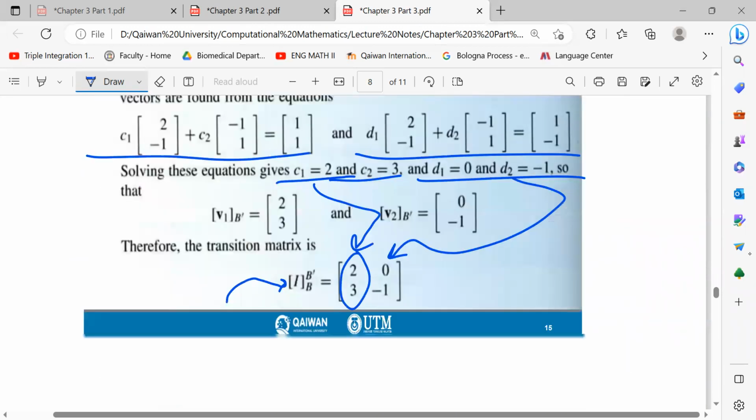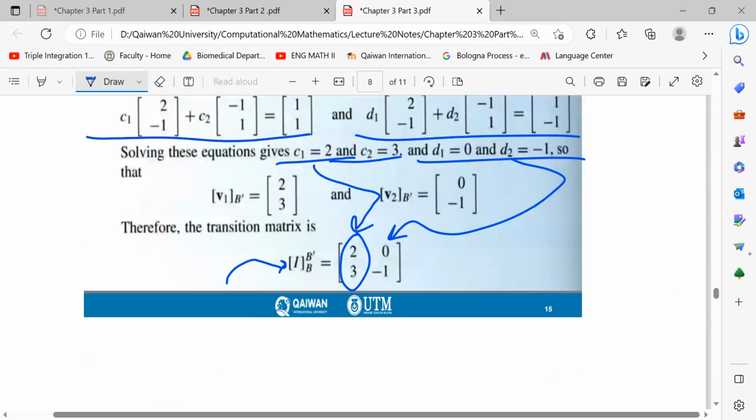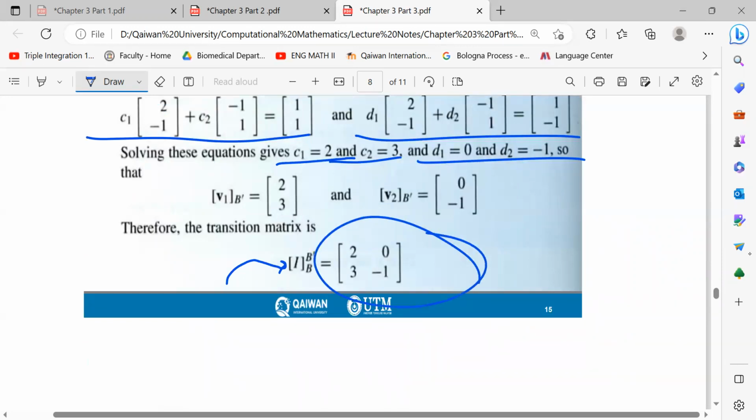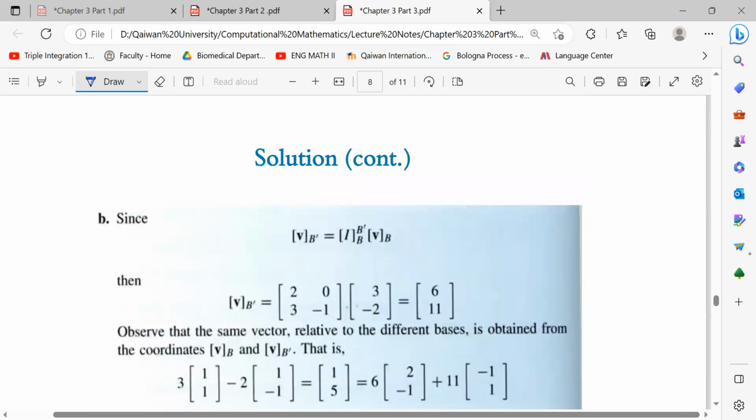Now, what we do, and we also found the transition matrix. This is the transition matrix. In the first step, we found the transition matrix, and the coordinates of V relative to B is given. We just multiply these two to get the coordinates of V relative to B dash. That's it. This is just multiplication of these two. But be careful. You need to multiply the transition matrix by the coordinates.